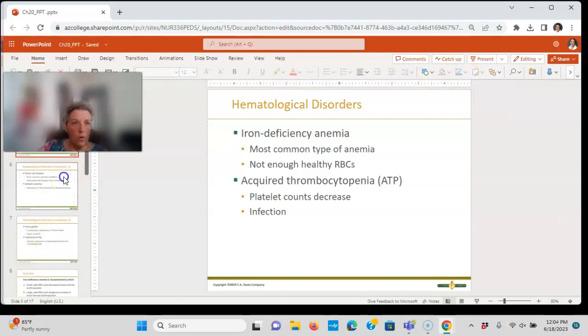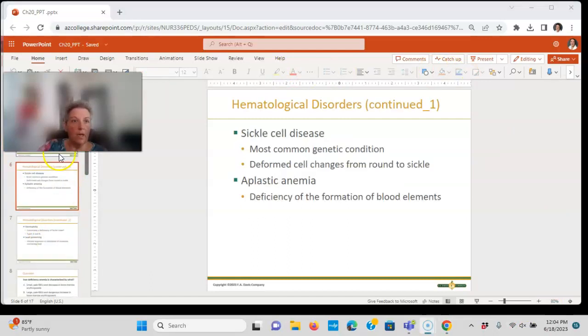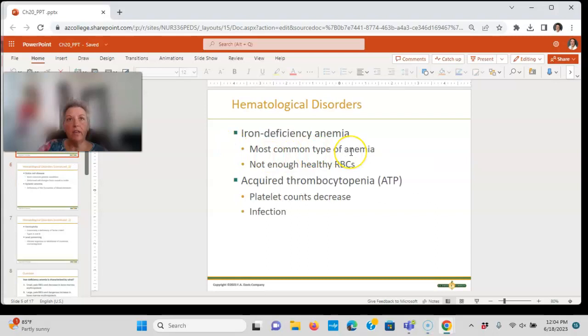So some of the preparations of iron are on table 20.1. Ferric gluconate, ferrous fumarate, folic acid, iron dextran, and iron sucrose are on there.